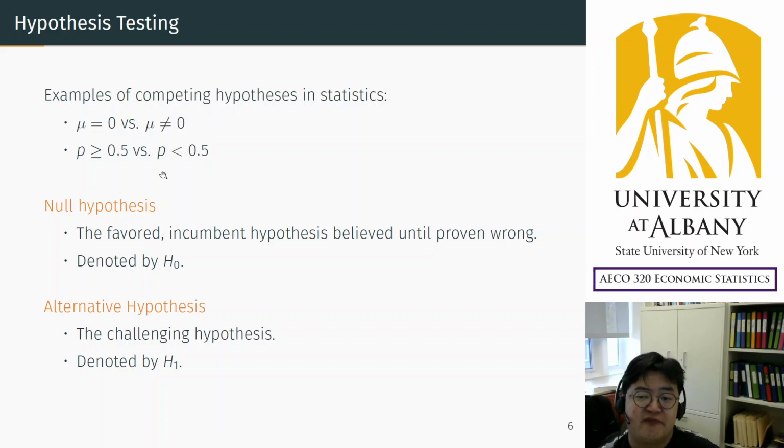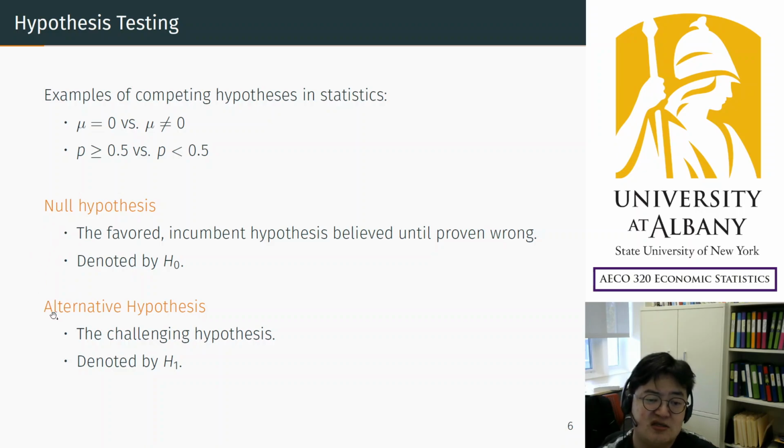That is your belief. And we usually denote it as hypothesis 0, subscript 0 for the null hypothesis. So this is your belief. And then if you think it is wrong, then you are shifting to the alternative hypothesis.